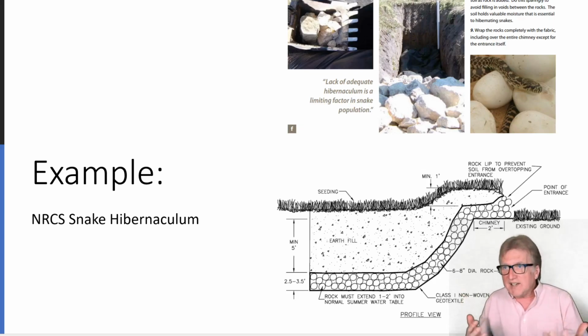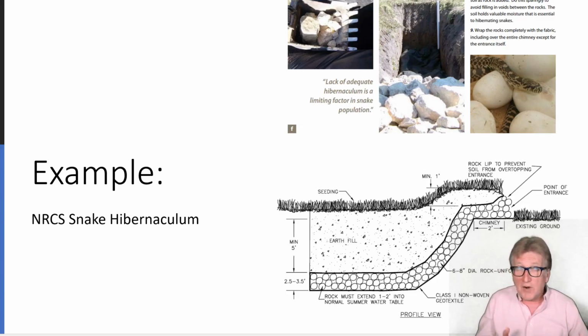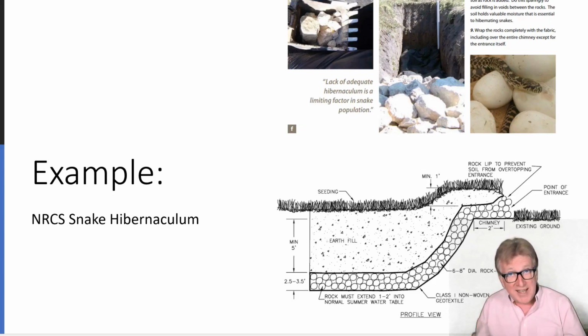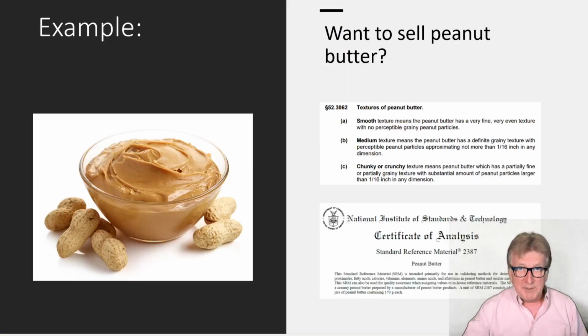So NRCS, among other things, provides incentives to landowners and farmers to do certain conservation practices. One of them is they'll say, hey, we'll put some money in and help you build habitat for snakes. However, if you're going to take our money and do that, you've got to do it according to our standards. And so we have a very detailed standard here for building snake habitat.